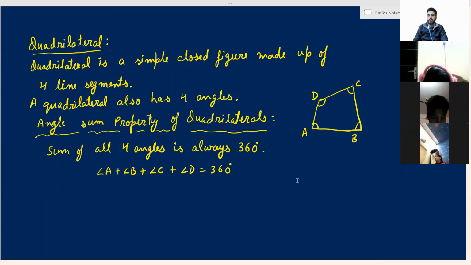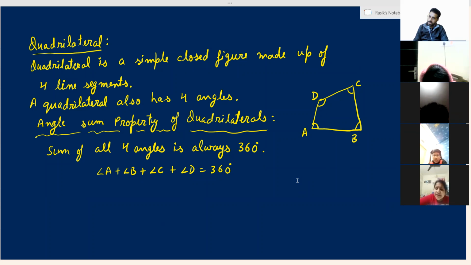And the most important thing here is that quadrilateral also has an angle sum property like triangles. What is the angle sum property of triangles? Sir, 180 degrees. Sum of all the angles is 180 degrees. Excellent. Am I right or not, all of you? Sum of all the angles of a triangle is 180.